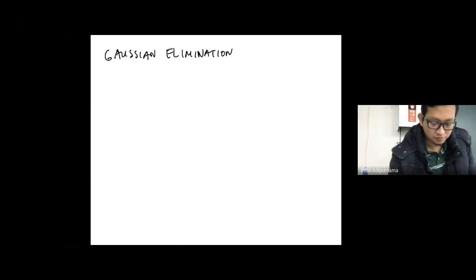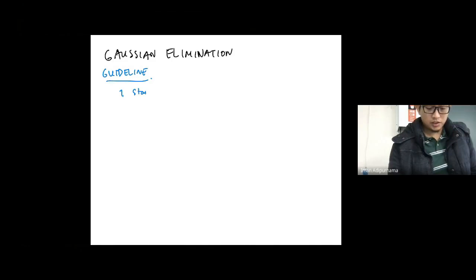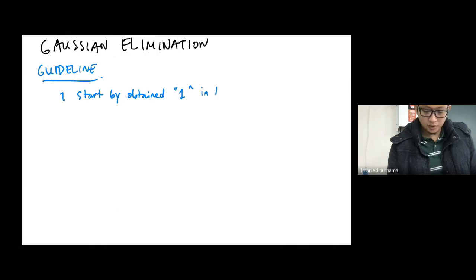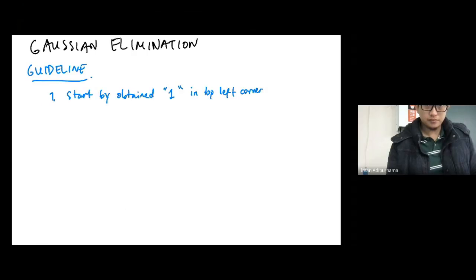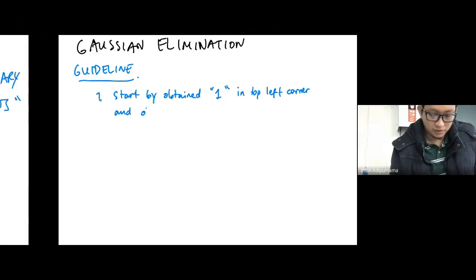I'm giving you the guideline. Start by obtaining a 1 in the top left corner, and obtain zeros below that.